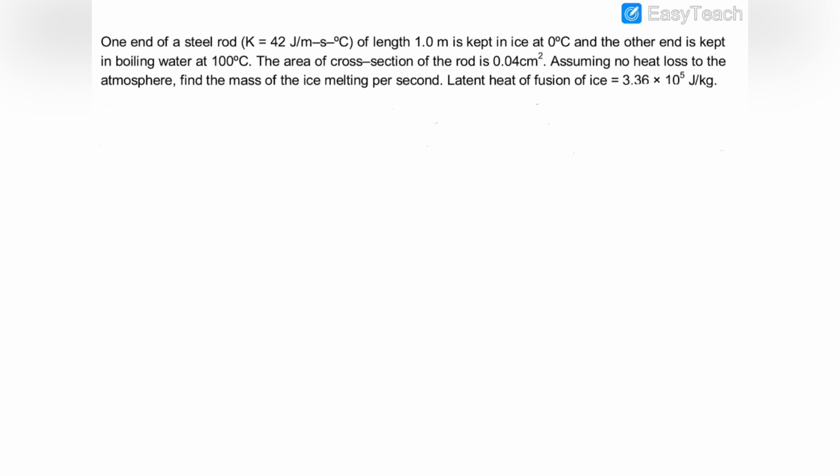The area of cross section of this rod is 0.04 centimeter square and there is no heat loss to the atmosphere. So we have to find out the rate at which the mass of ice melts. It is also given that the latent heat of fusion for ice is 3.36 into 10 raised to power 5.